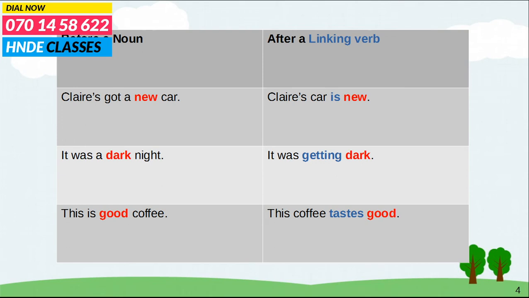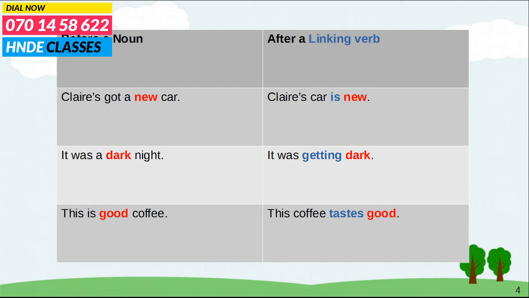In column number 1 we have the adjectives that occur before a noun, simply attributive adjectives. Example number 1, Claire's got a new car. With that contraction removed, Claire has got a new car.